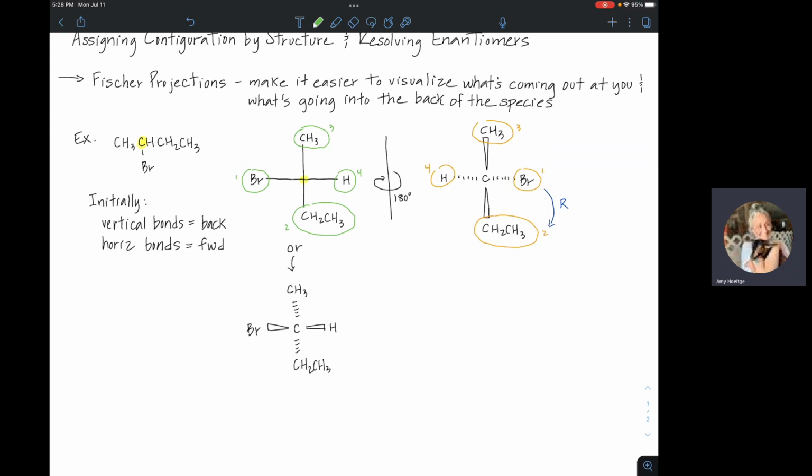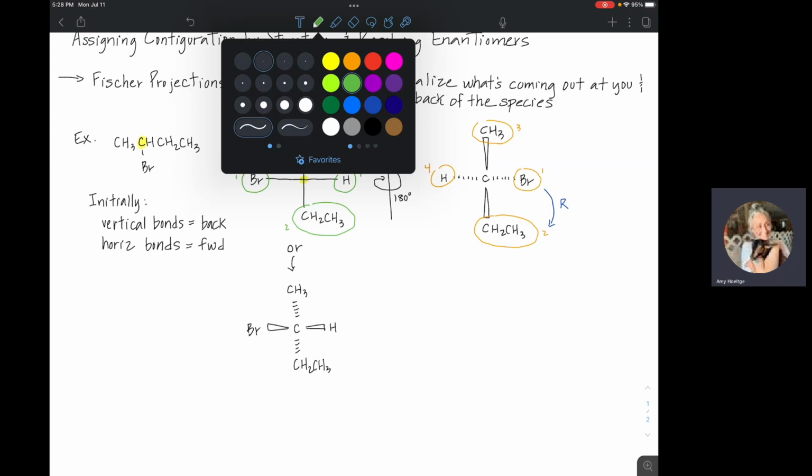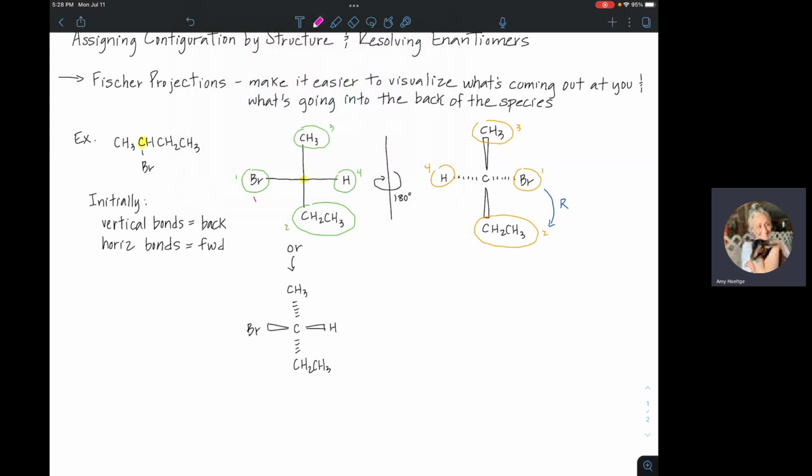We know the hydrogen is our lowest priority. We know that the bromine is our top priority and ethyl comes next. So in this situation, we have a counterclockwise rotation, which would normally be S.